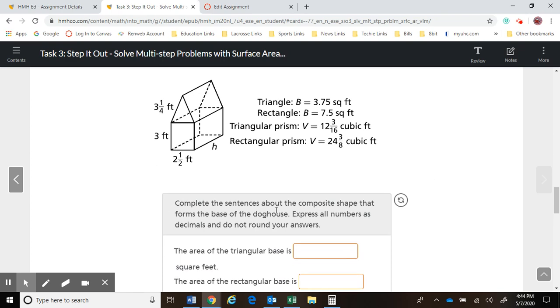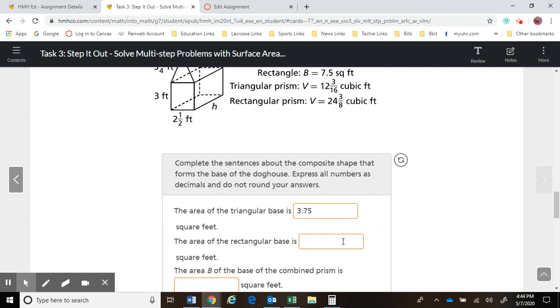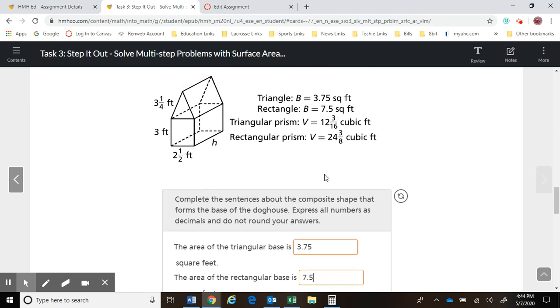Okay, now complete the sentences about the composite shape that forms the base of the doghouse and express all numbers as decimals, and do not round your answers. All right, the area of the triangular base is 3.75. That's what capital B is, right? And the area of the rectangular base is 7.5. That's what it says there. So those are my capital B's.